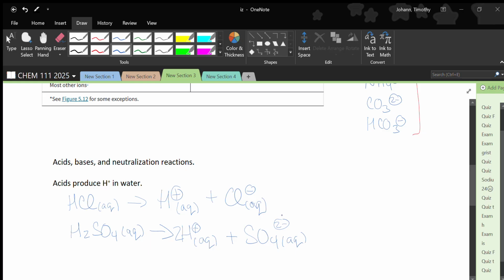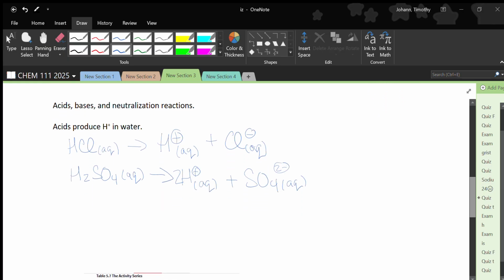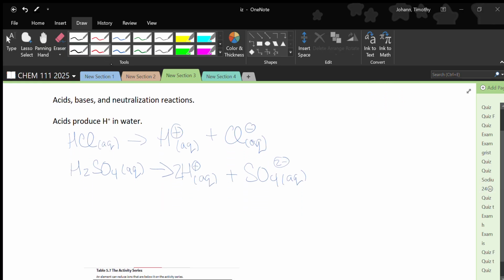Questions on that? Where are the H's when we talk about something being acidic? Do you see where the H's are? They're in front, right? We've also had other compounds that have H's. So here's methane. We put methane gas into water.